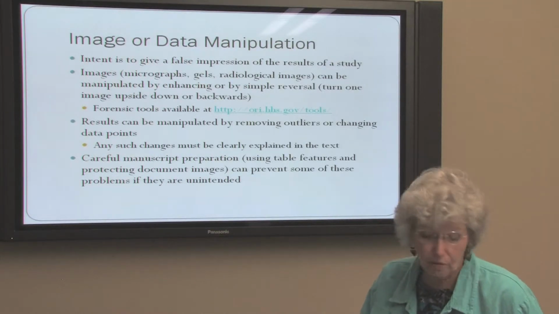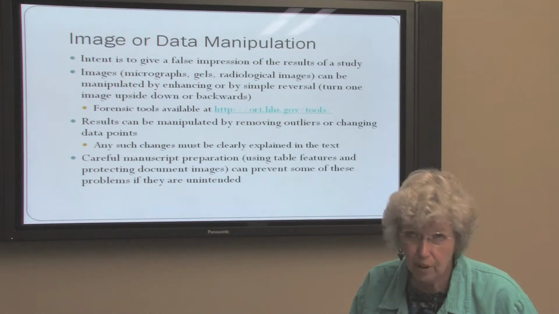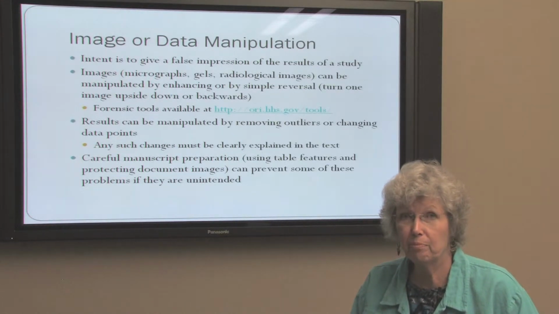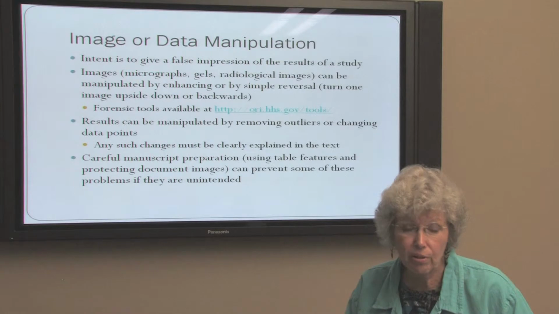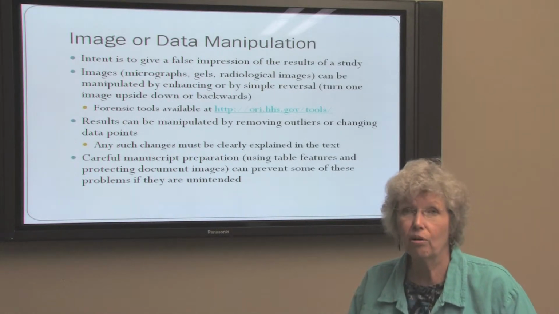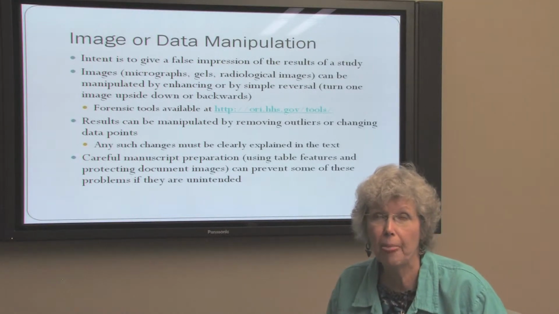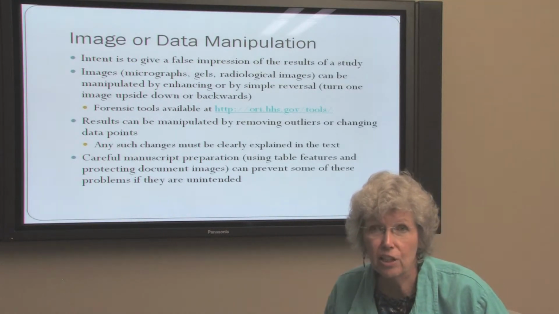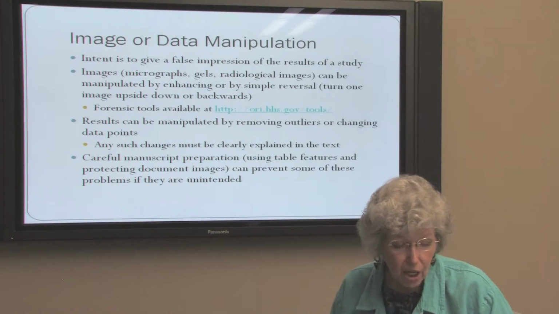The forensic tools that are available are basically add-ons, I think, to Adobe Photoshop, and you can drag and drop the image into this little program, and it will tell you whether there has been any kind of differential enhancement or anything that is altering the image as it's been submitted to the journal.